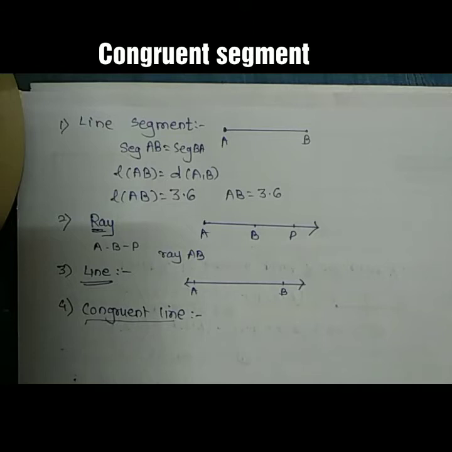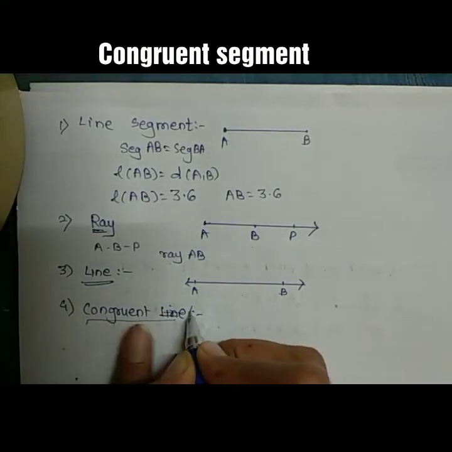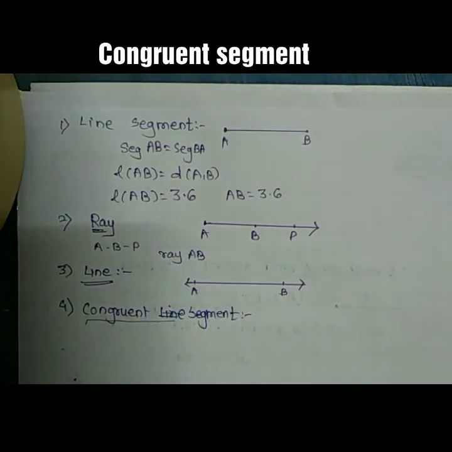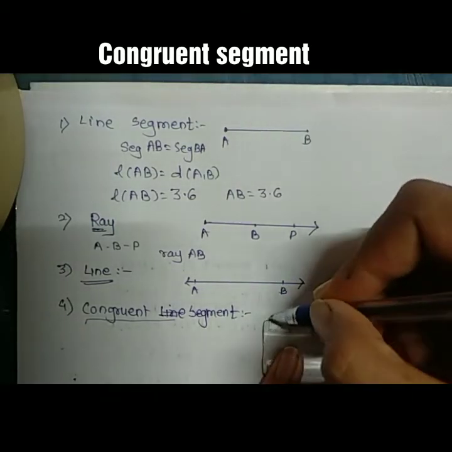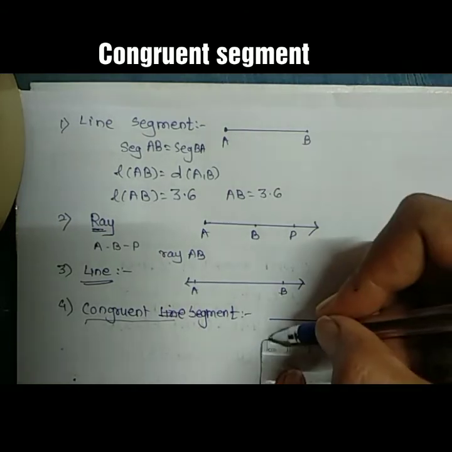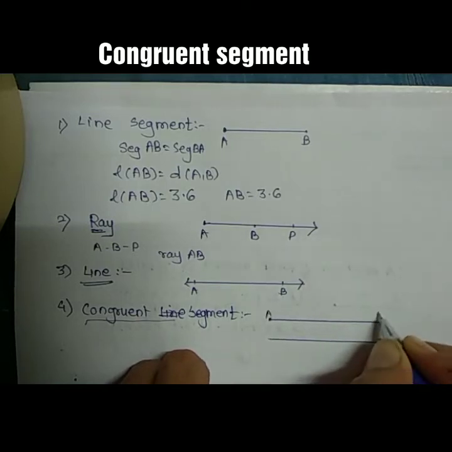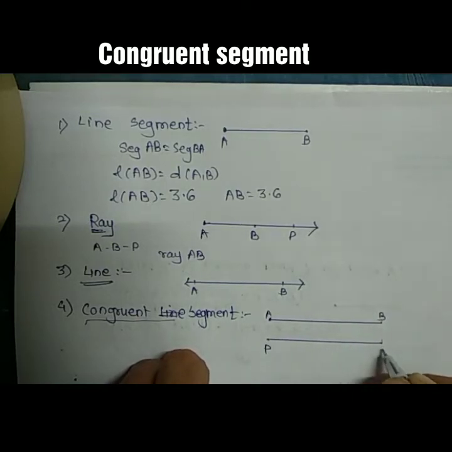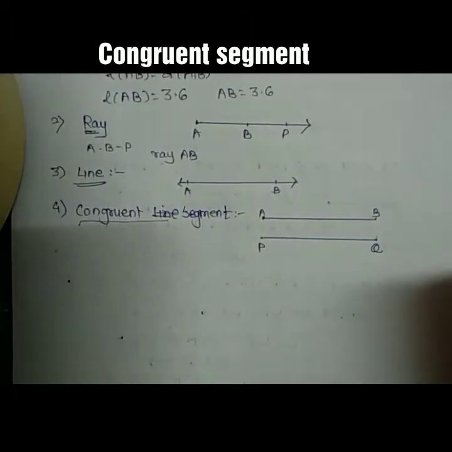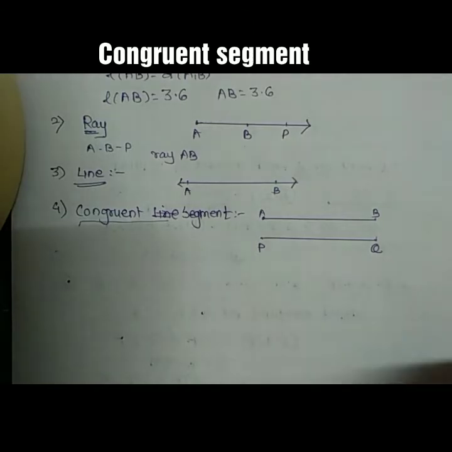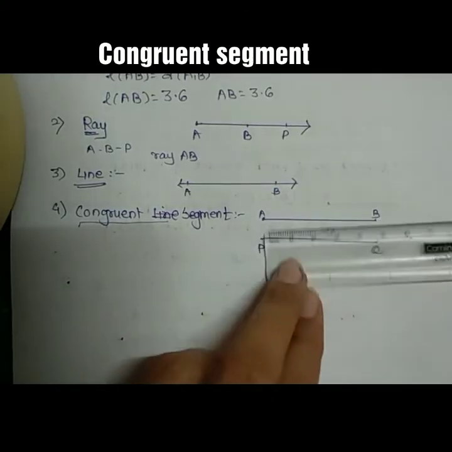The next point, congruent segments. Here I draw two segments. The segment names are AB and PQ. If the lengths of two segments are equal, then the two segments are congruent. Let's first measure the length of AB.